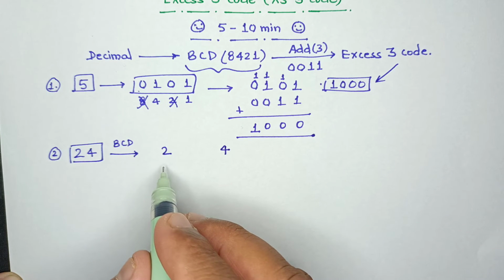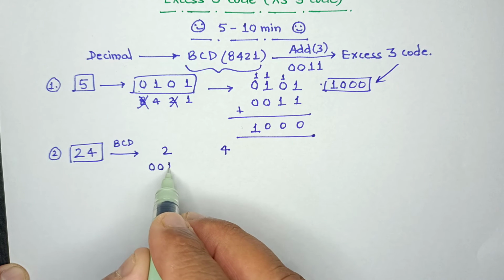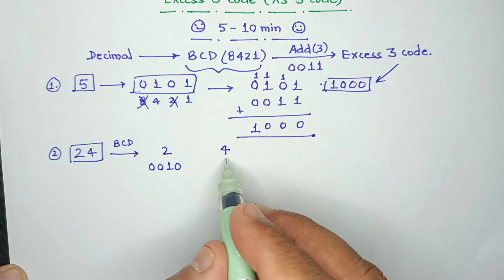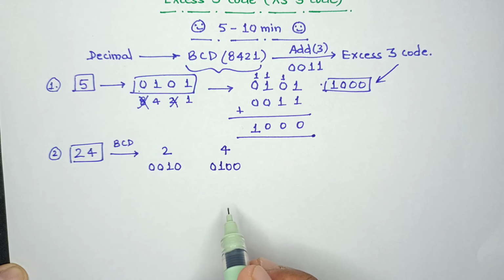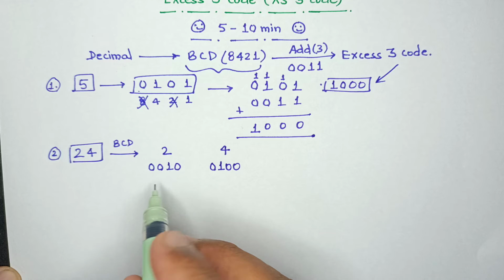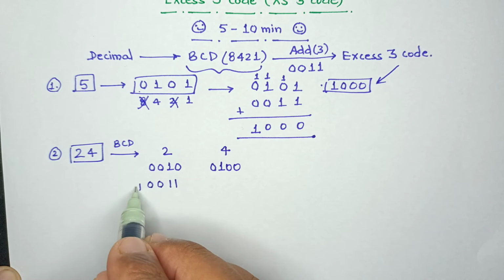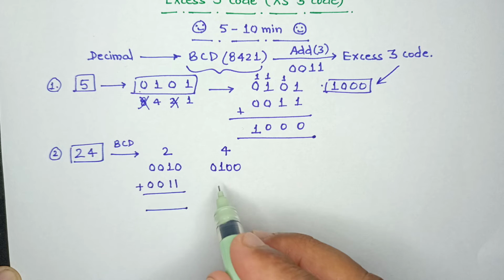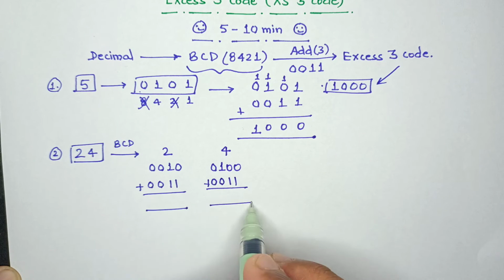Just below 2 we write the BCD equivalent of 2, which is 0010, and the BCD equivalent of 4 is 0100. Since we need to convert this into an XS3 code, we add 0011 to both of them. So 0011 is added here, and 0011 is added here as well.